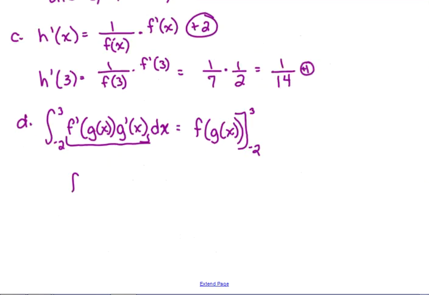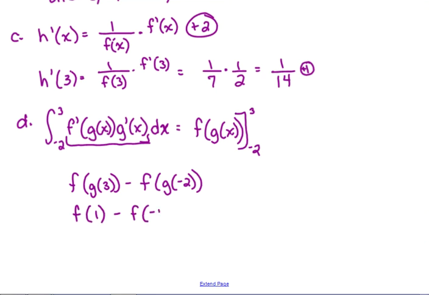So we plug in 3 minus, we plug in -2. So from the table, g of 3 is 1. G of -2 is -1.